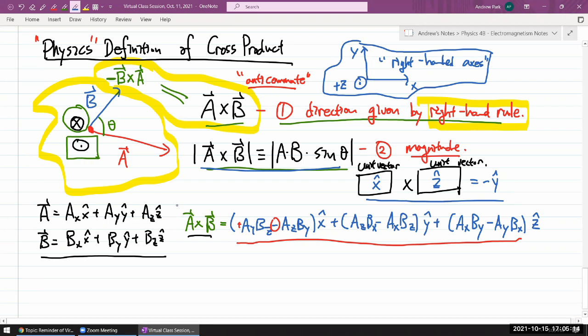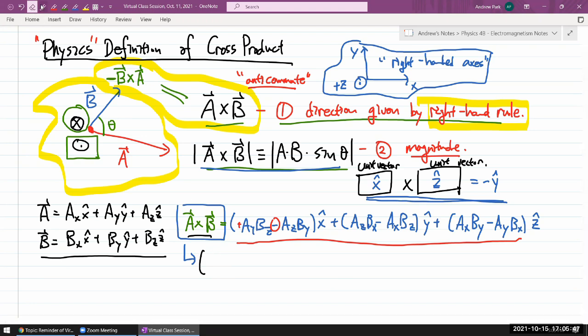Once you have all the relationships between the unit vectors worked out, there should be 6 of them, basically 9 minus 3, because 3 of them involve the same vector twice. Then when you have this A cross B, you are equipped to expand it this way.